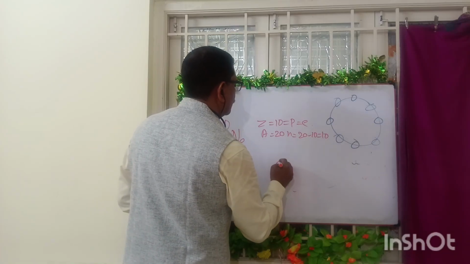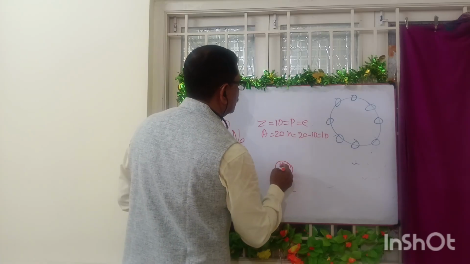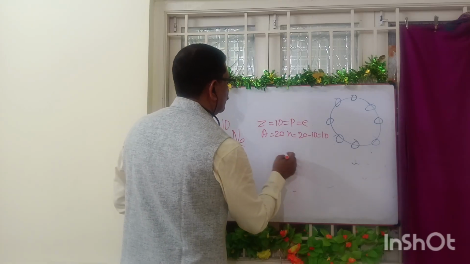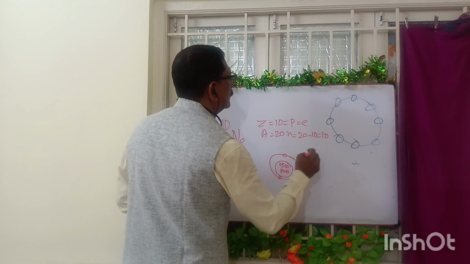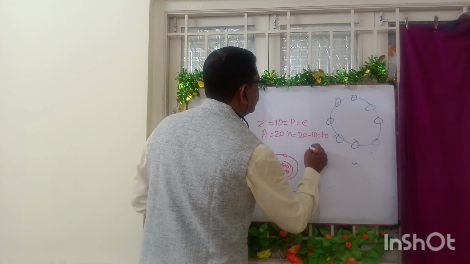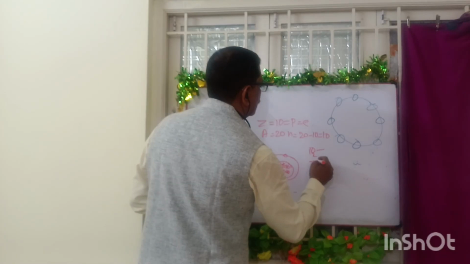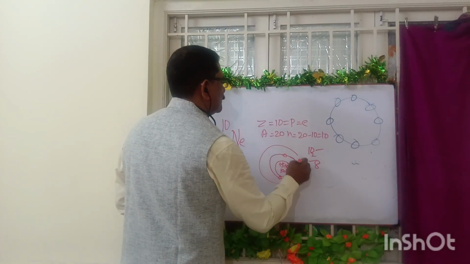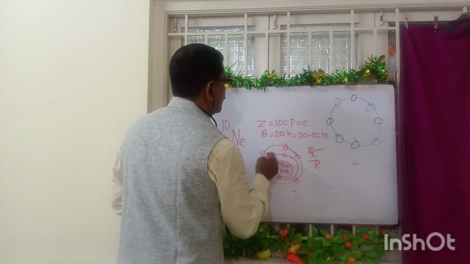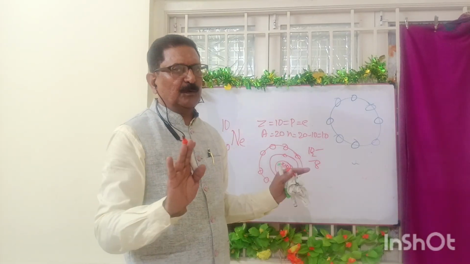Inside the nucleus, plus 10. Neutron is also equal to 10. So first orbit 2. Out of 10, which is the number of electrons, 2 has been used, therefore balance is 8. So it will go there, 1, 2, 3, 4, 5, 6, 7 and 8. That is the maximum in the second orbit.